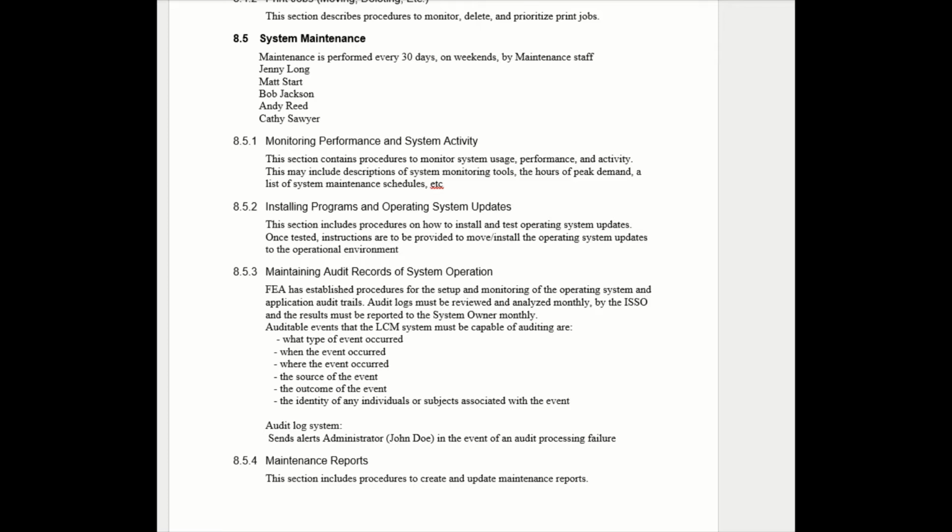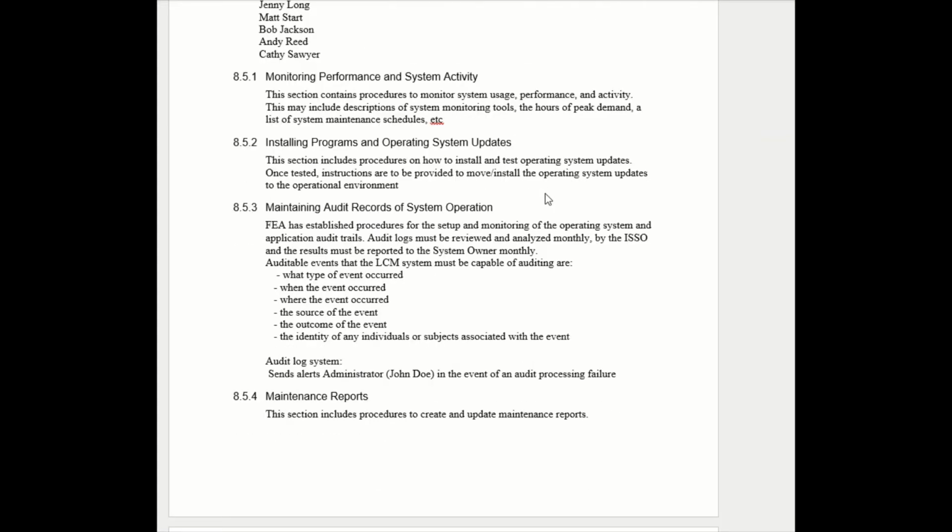So here is the procedure document for the LCM system, and it's showing here that they do have a section that talks about how the organization has established procedures for the setup and monitoring of the operating system and application audit trails.